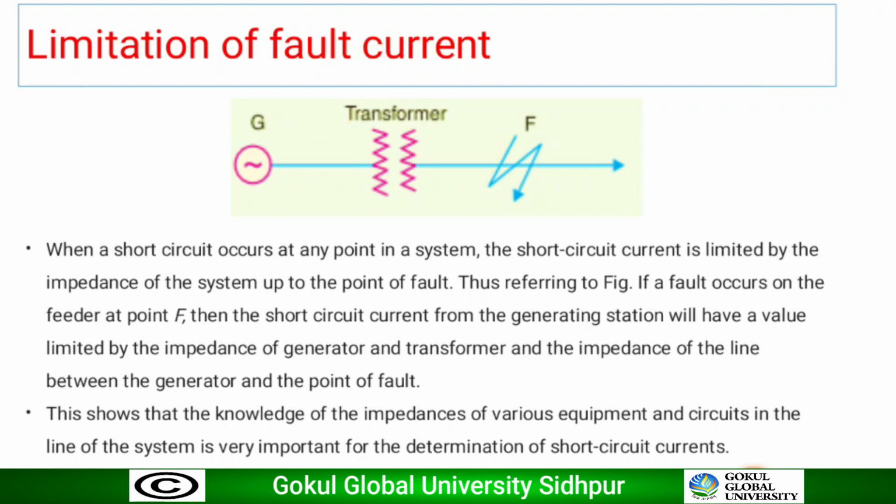This shows that knowledge of the impedance of various equipment and circuits in the line of the system is very important for the determination of short circuit current.